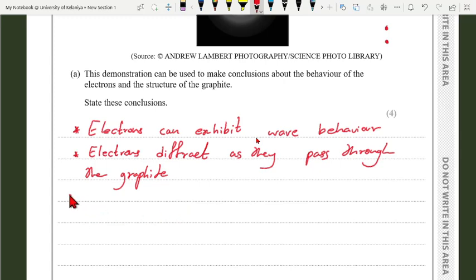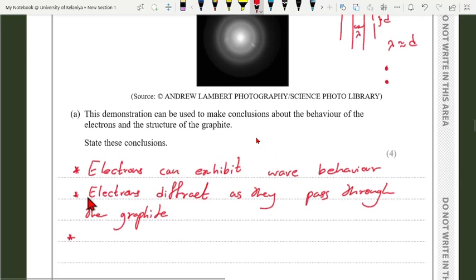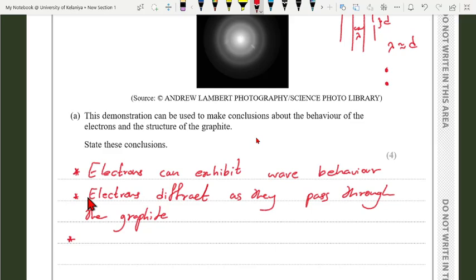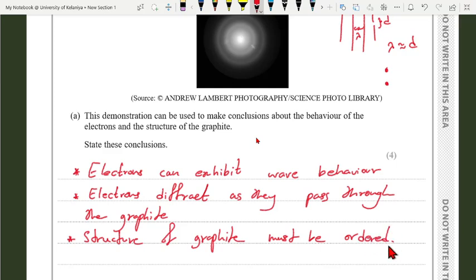So here you can clearly see the pattern of the diffraction is a very structured one. So by that we can conclude that the structure of graphite must be ordered or layered or regular, whatever you prefer. So I'm going to write here ordered, right?